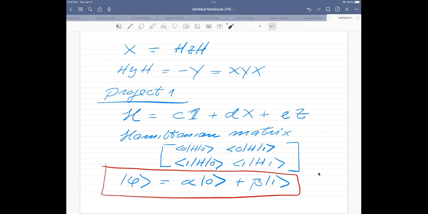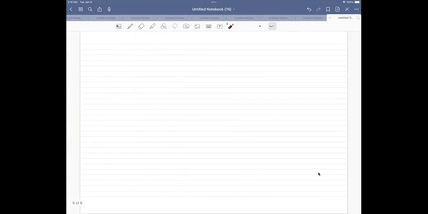So what we are going to calculate, by running many experiments, is the expectation value in terms of the state phi. So we want to calculate this with respect to the Hamiltonian of phi.